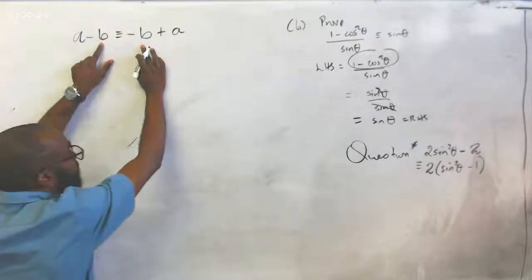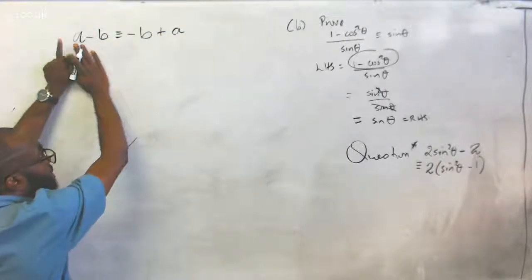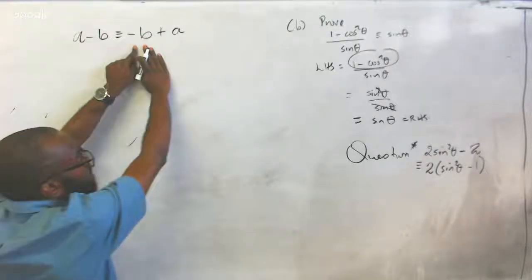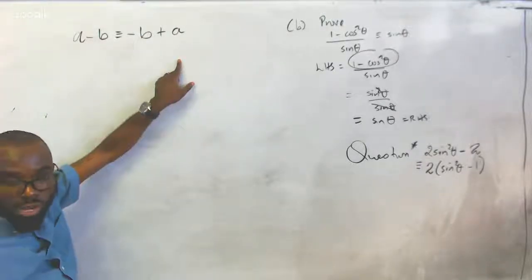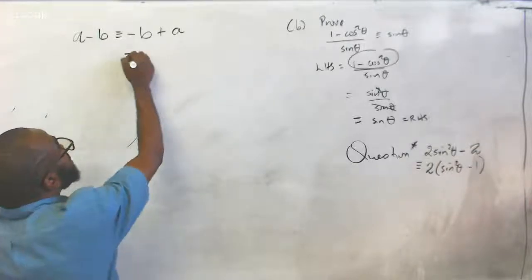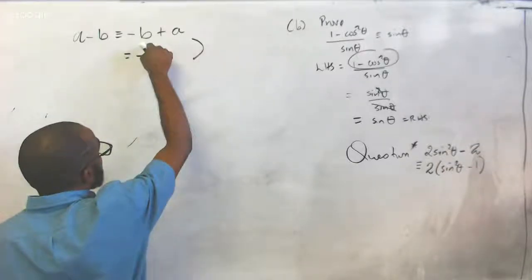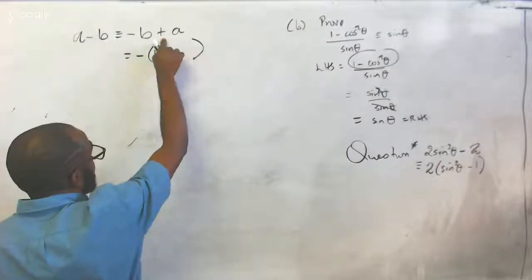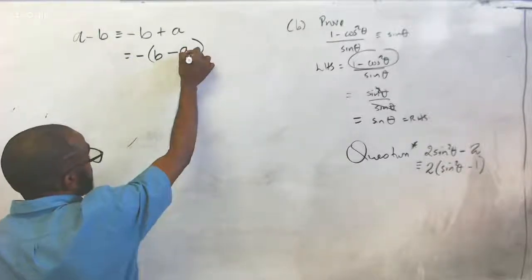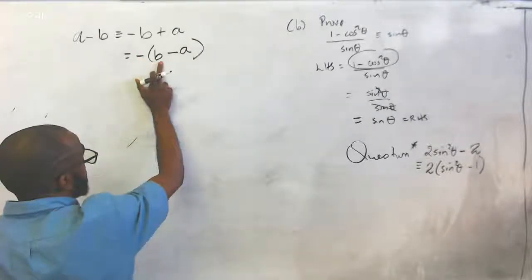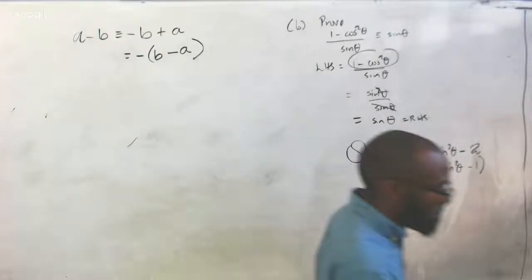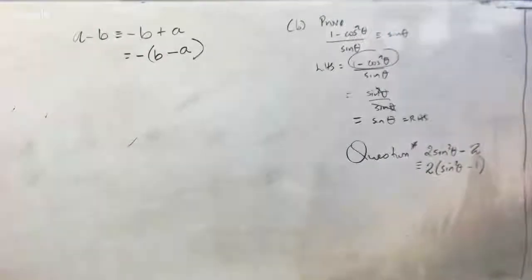Technically, write minus b first, and then this was technically a plus a negative b. Do you agree? So this is negative b plus a. If I take a negative out, I'm left with b, and if I take a negative out of plus, I'm left with negative. Check it, expand it. Negative b, negative times negative, positive a. That's all.